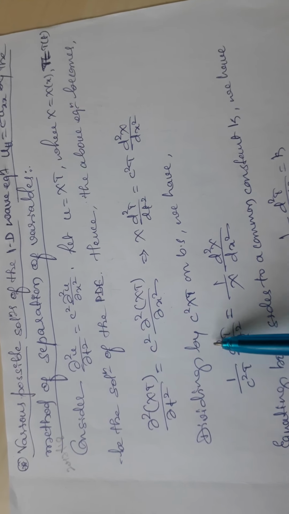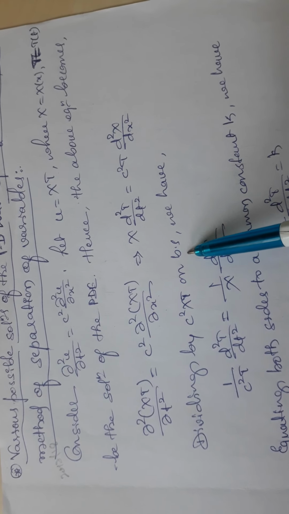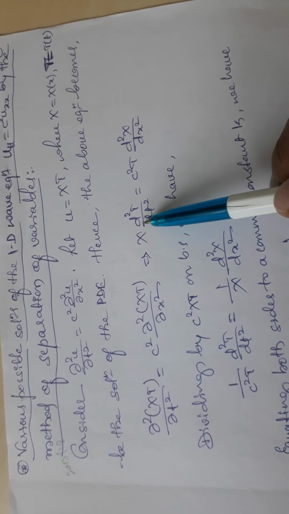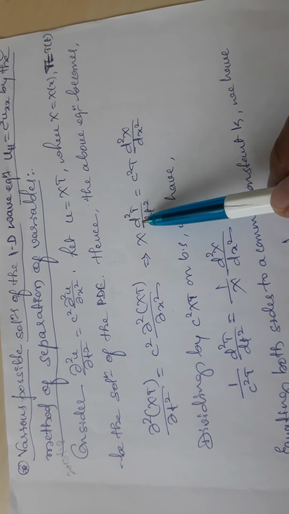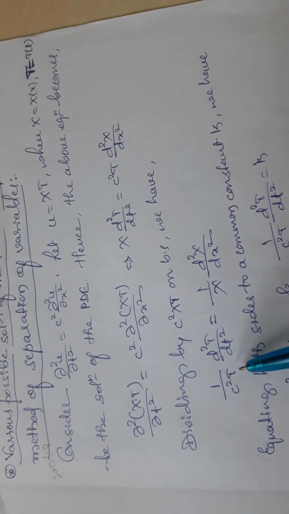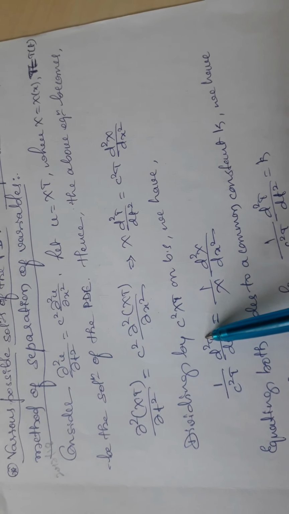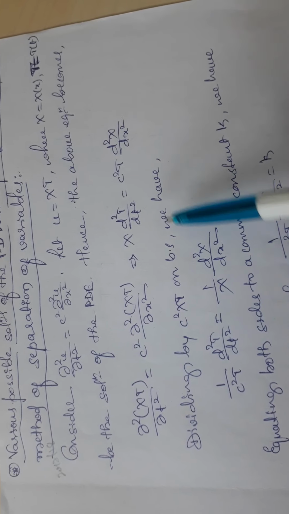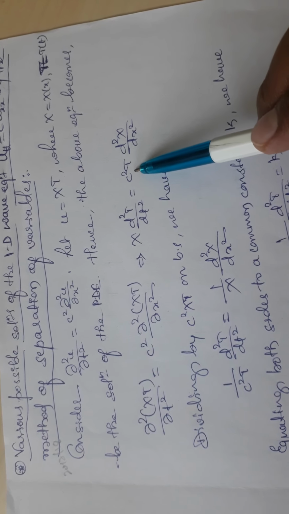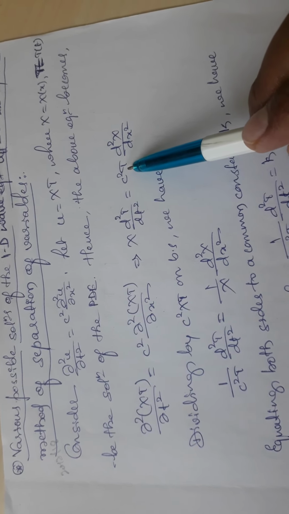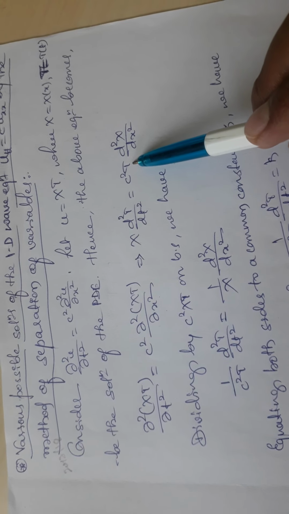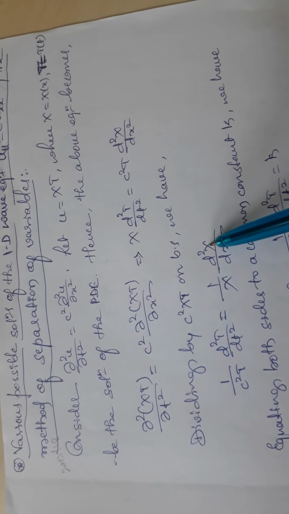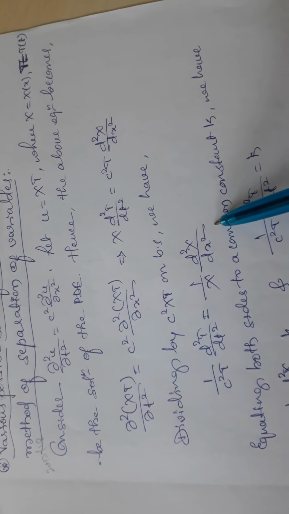Now dividing by c² XT on both sides of the equation, on the left X gets cancelled, and we get (1/(c² T)) d²T/dt², equal to, on the right side, c² T gets cancelled, we get (1/X) d²X/dx².